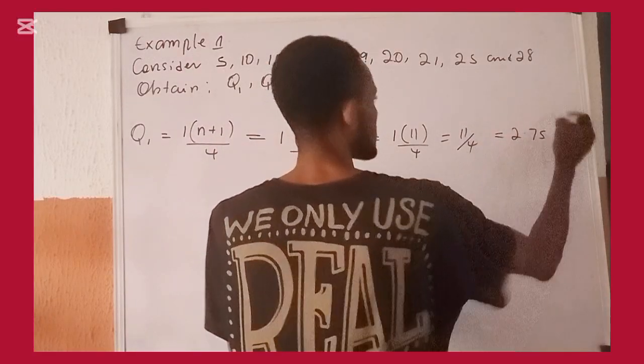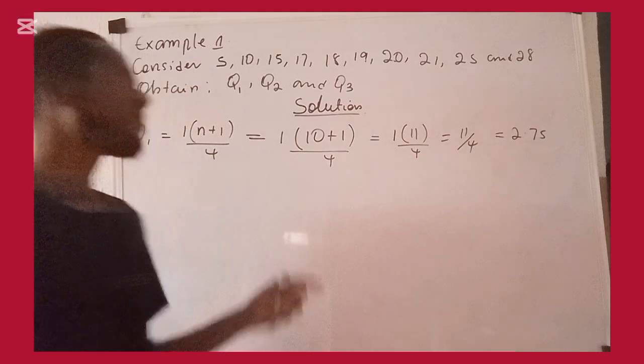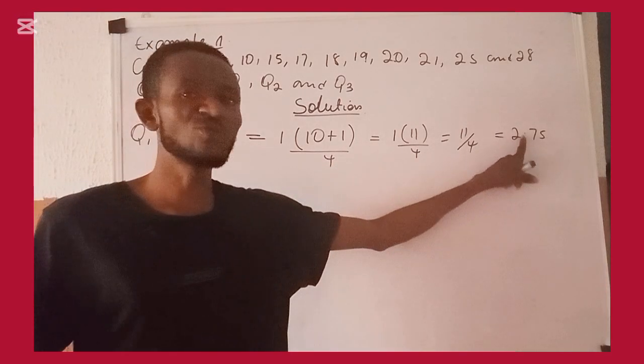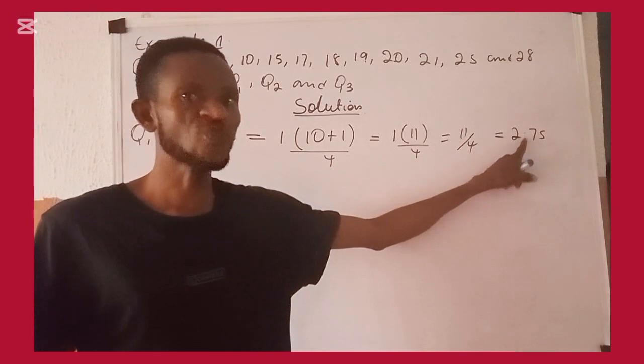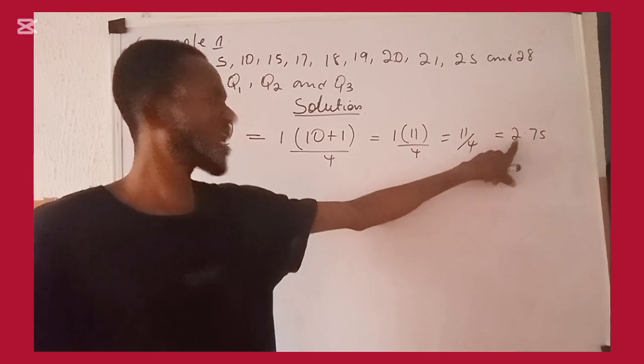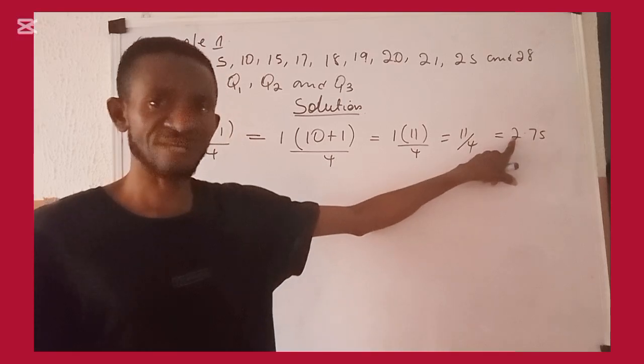Now, this 2.75 is not going to be our answer. See what we are going to do. This 2 here is talking about the second term.